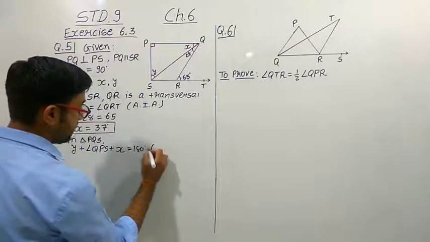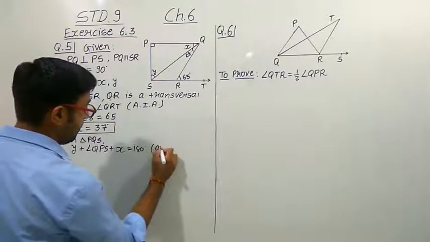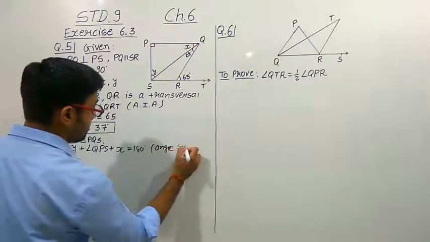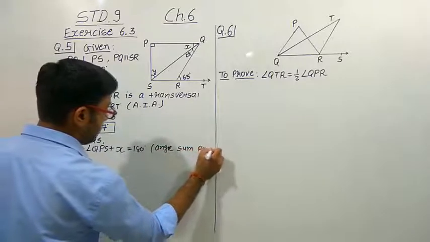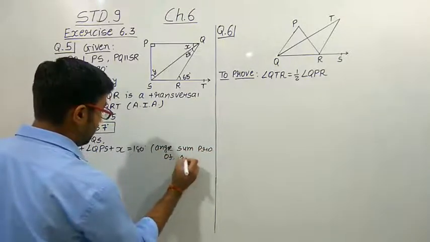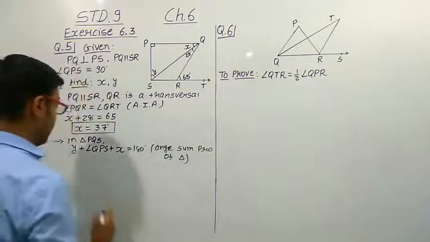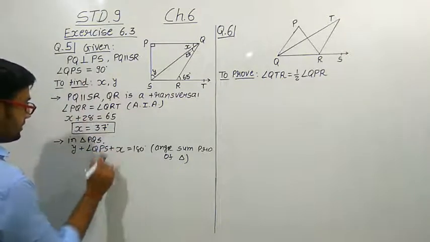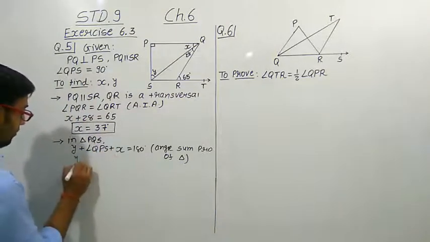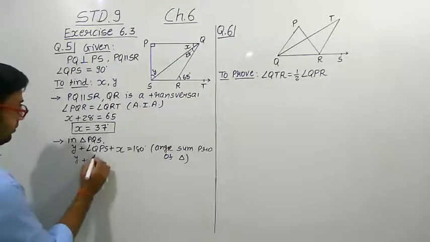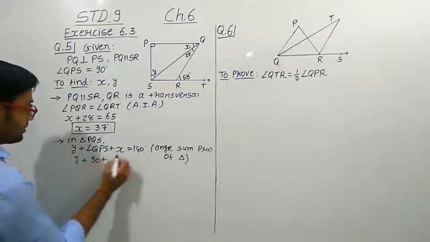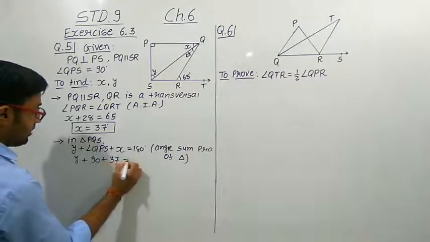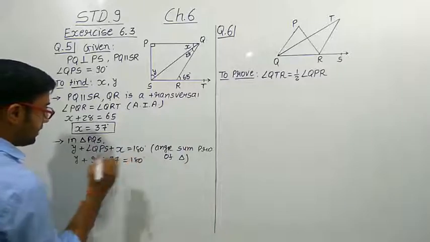And this is according to the angle sum property of a triangle. So here the value of X is 37, and we put both values down. Here QPS is 90 plus X is 37, and the total is 180 degrees.